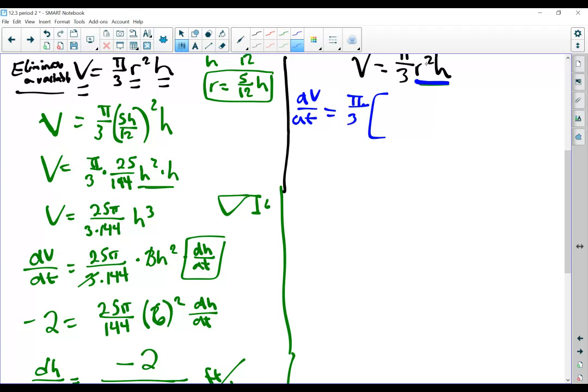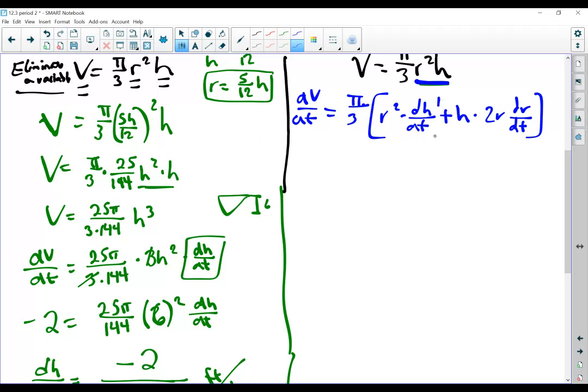It's going to come down. And now I'm going to use a derivative, u dv plus v du. r squared times dh/dt plus h times 2r dr/dt. And that would be my derivative.